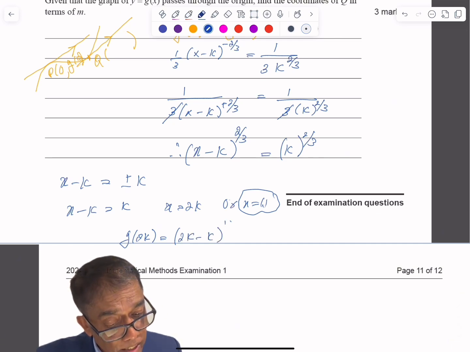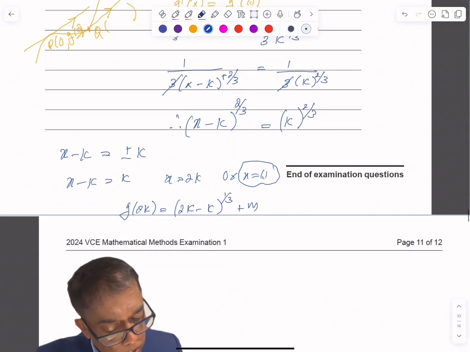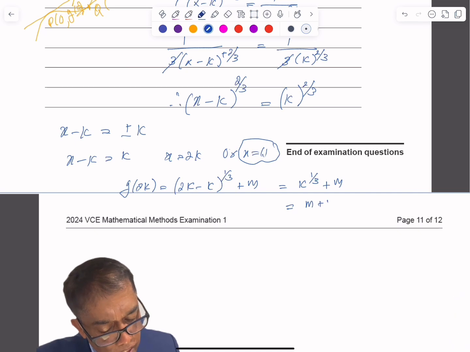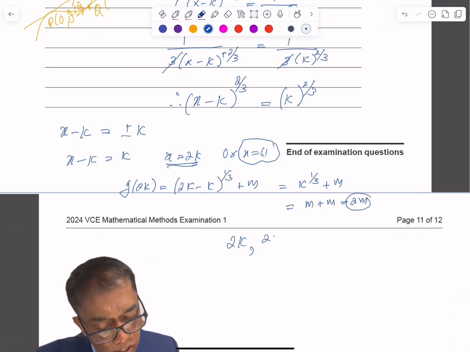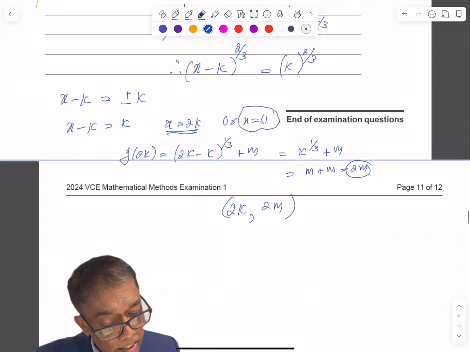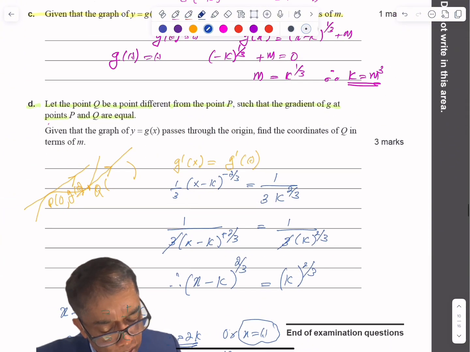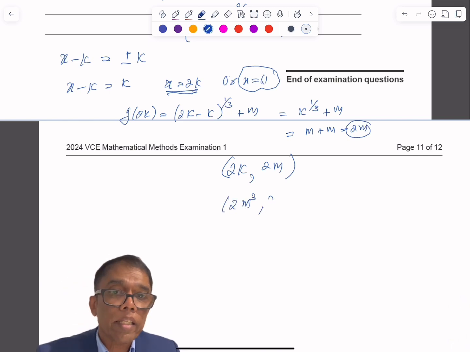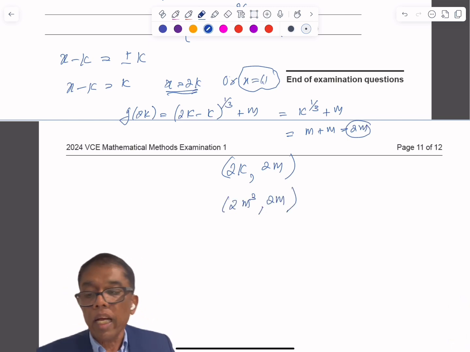We know that k to the power of 1/3 is m. m plus m is 2m. This is the y coordinate. The coordinates are 2k and 2m. However, we are asked to write it in terms of m. We know that k is equal to m to the power of 3. Therefore, 2m cubed and 2m are the coordinates, and this is the required answer.